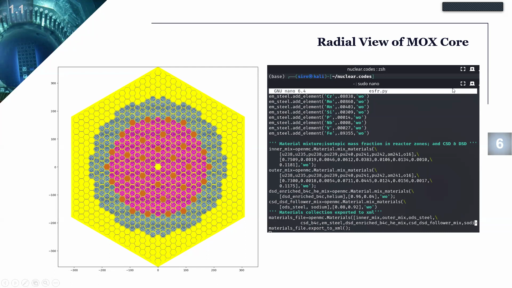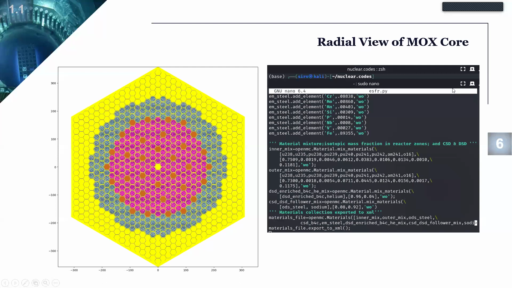So at the central part here, there's a subassembly stuffed with sodium, also acting as a radial reflector. And towards the periphery here, subassemblies constituting sodium again, also as radial reflectors. And then in the inner fuel zone, we have MOX fuel now.